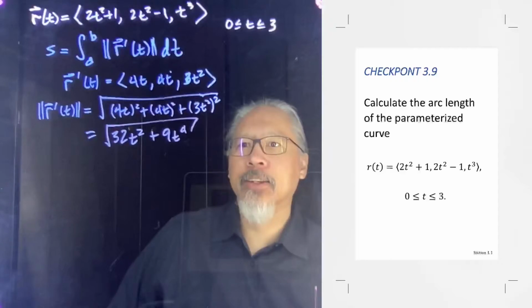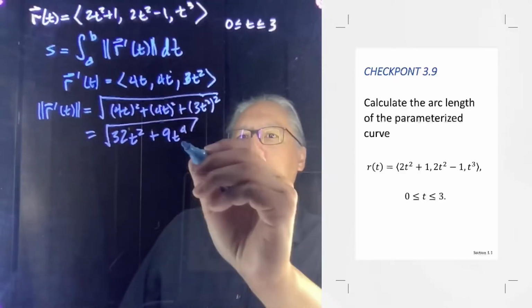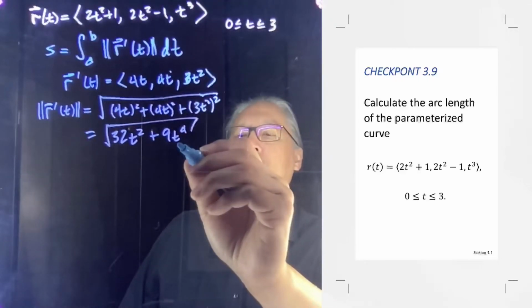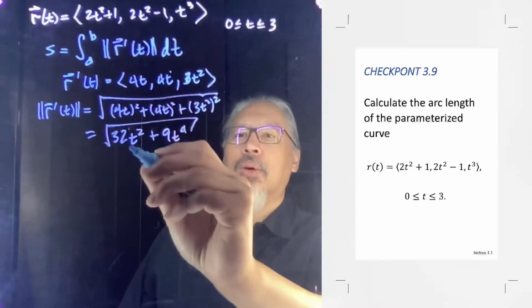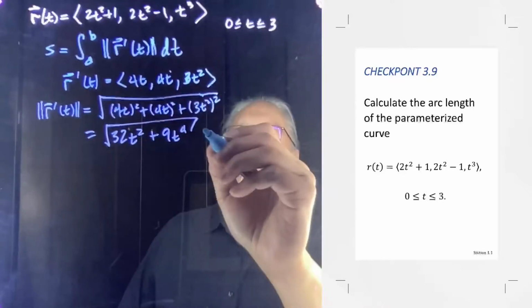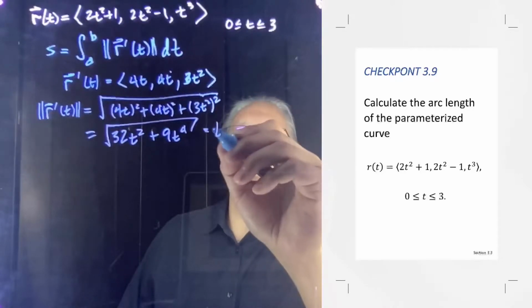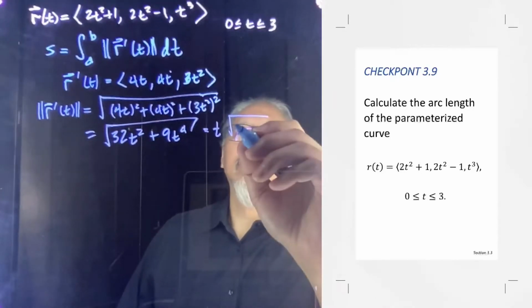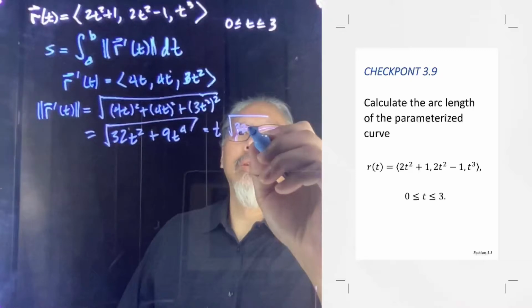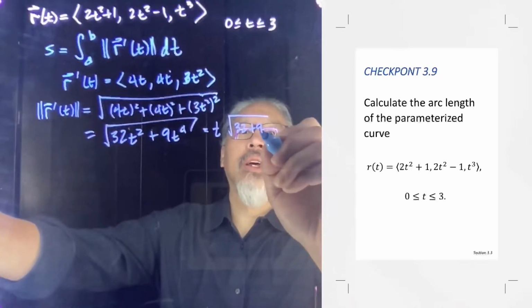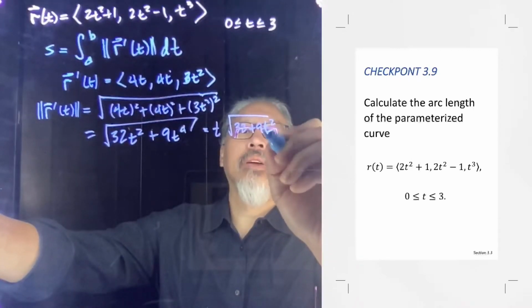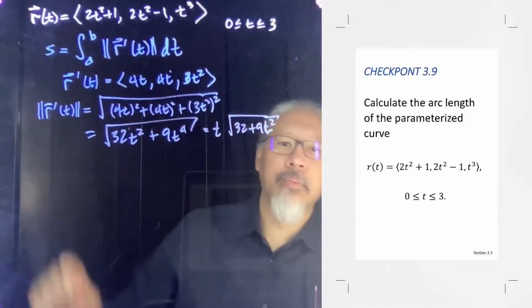It looks like we can pull a t squared out of the quantity, and then that would come out of the square root as just a regular t. And so we have 32 plus 9t squared after we took a t squared out.